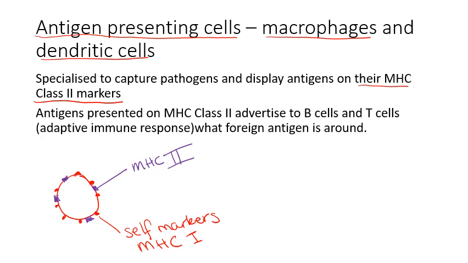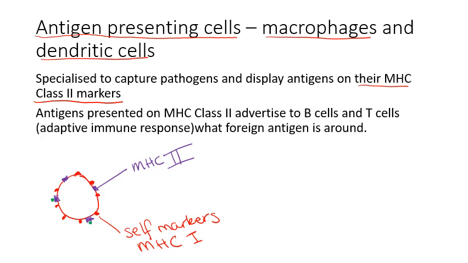So I'm just switching my pen to green so that you can see it. So it's digested, say, a bacteria, and this bacteria has green little circle antigens on it. After it's digested it, this particular antigen presenting cell will hold on to some of those little green circular antigens from the bacteria and present them or place them on the surface of the MHC Class II markers.